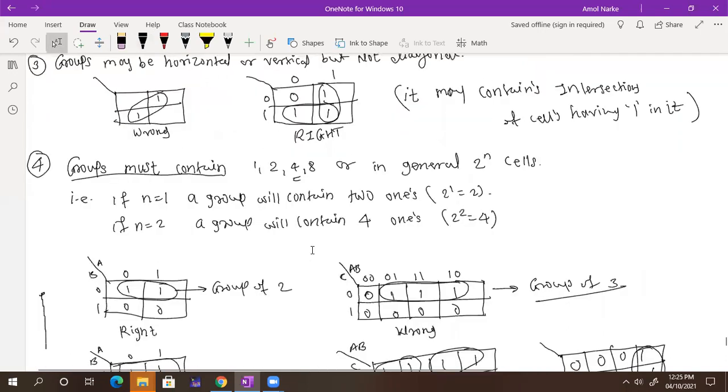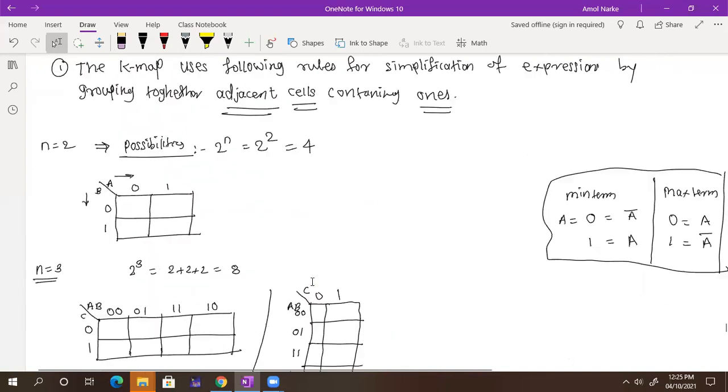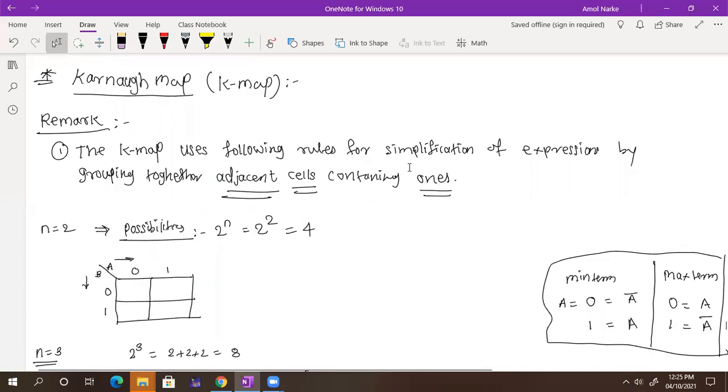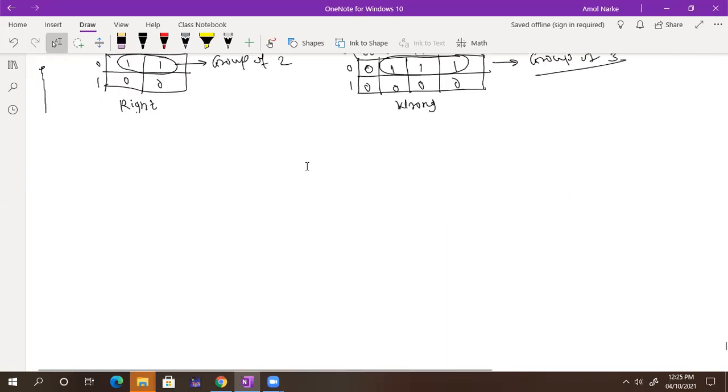See, where is my first remark itself? The K-map uses the following rules for simplification and expansion: grouping together adjacent cells containing ones. So those cells containing ones, you need to make a group. And now we are dealing with the rules. Got it? Yes.